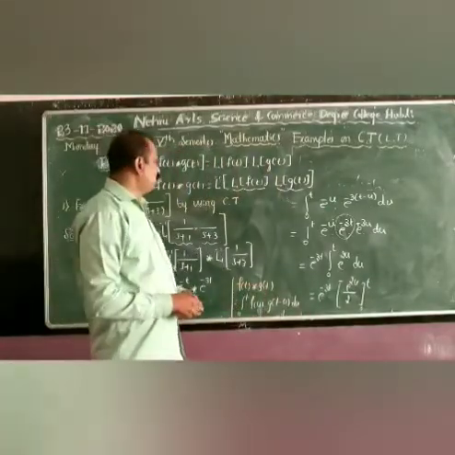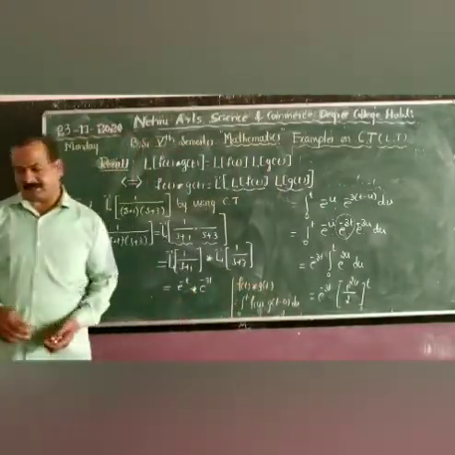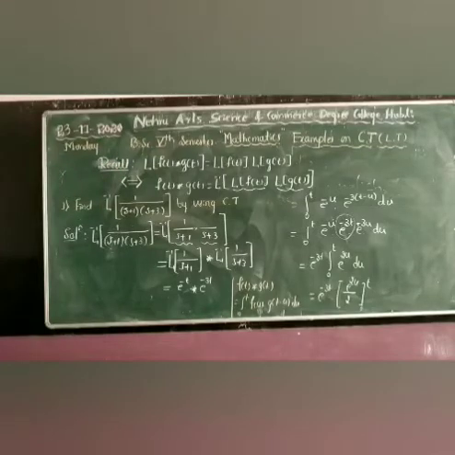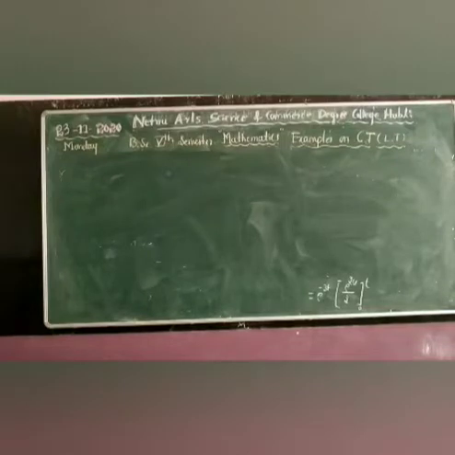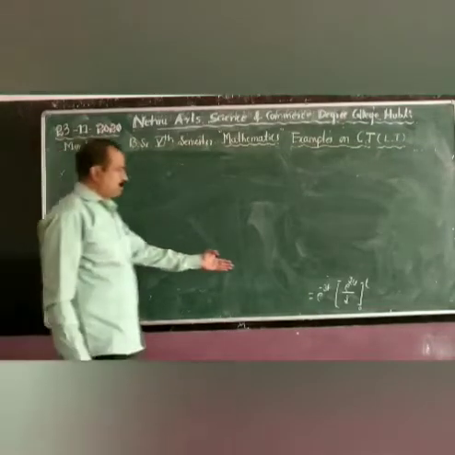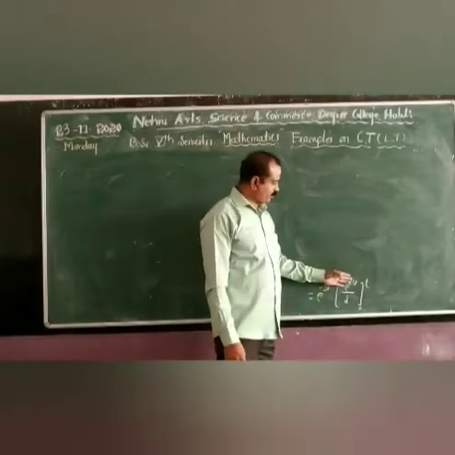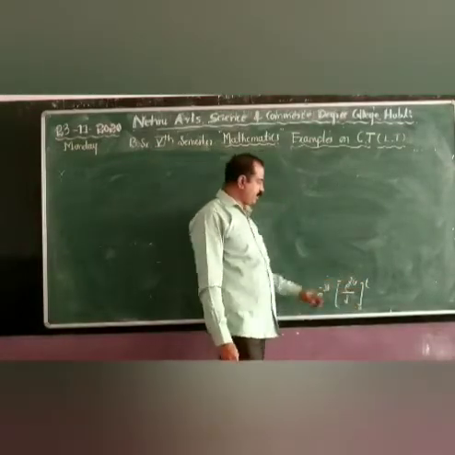Now substitute the upper and lower limits, once at u equal to t and another time at u equal to 0. Outside the bracket e raised to minus 3t is already there.